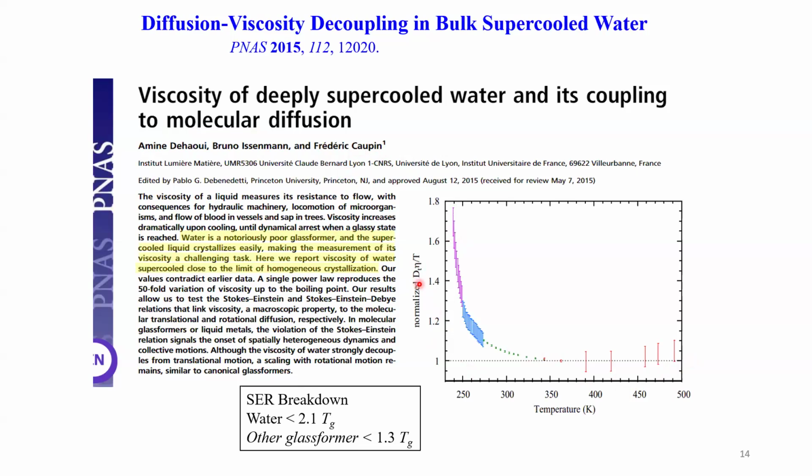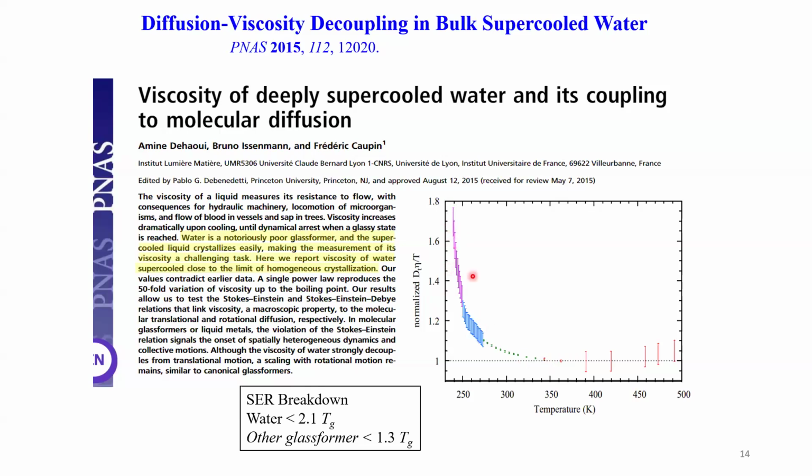Firstly, it was not bulk water. Secondly, it was not the viscosity but the translational relaxation time. Although we know the translational relaxation time is normally proportional to viscosity, sometimes it is not. So this was one of the first direct proofs of the Stokes-Einstein breakdown, and a very quantitative one.